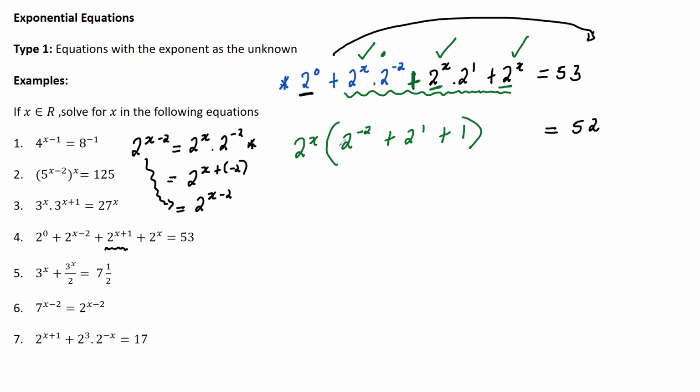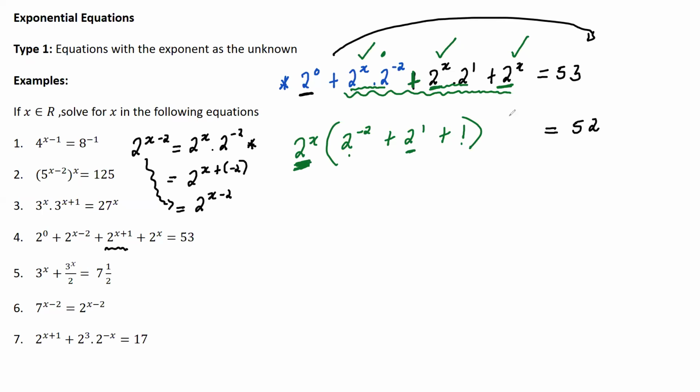Again, I emphasize the importance of being able to go back. I can always open up: 2 to the power x times 2 to the power negative 2, I end up here. 2 to the power x times 2 to the power 1, I end up here. 2 to the power x times 1, I end up here.